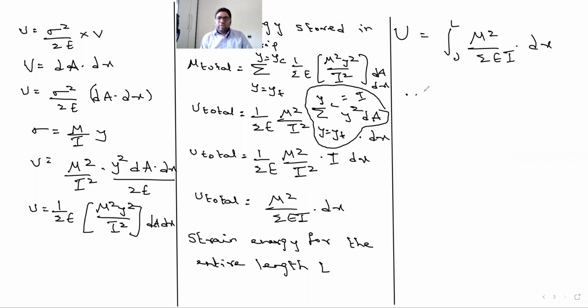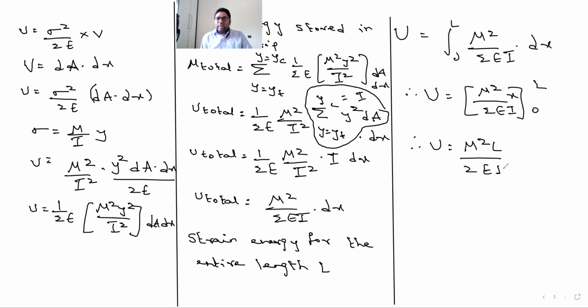Therefore U is equal to M square L by 2EI. See how simple it is. This is one of the simplest concepts in the overall concept of bending.